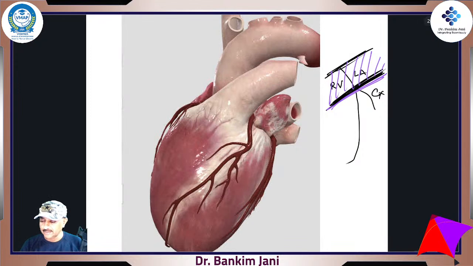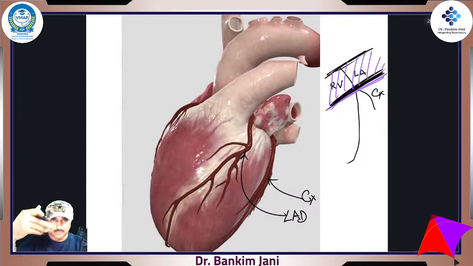So that's the reason that we have two arteries, right? This one would be the LAD, now we know LAD, and this one would be the circumflex. The circumflex branch of the left coronary artery will be behind, right? As we remove this, we'll be able to see that.